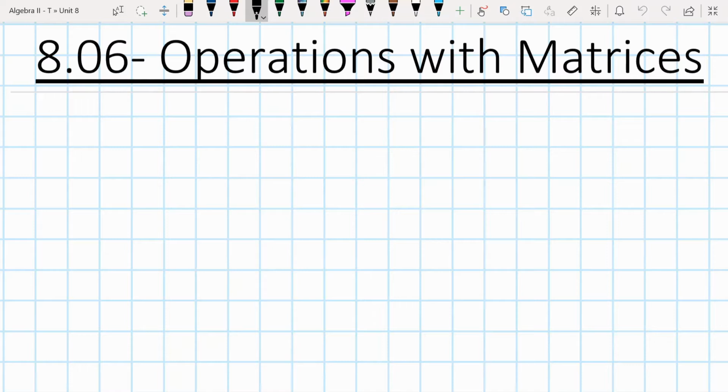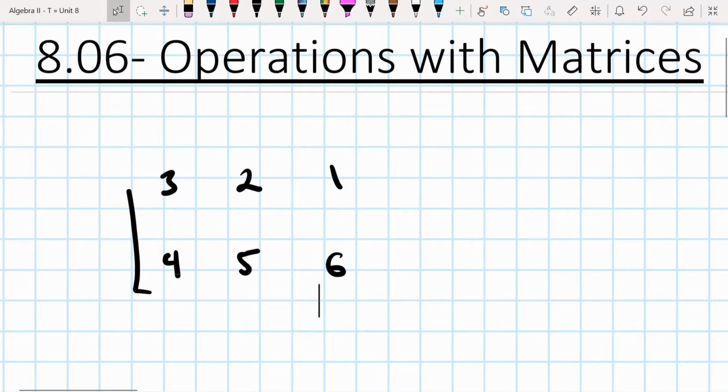So to start, a matrix is an array of numbers arranged in rows and columns. So for example, if I have like 3, 2, 1, 4, 5, 6. So this is a matrix right here. We put little brackets on the outside.